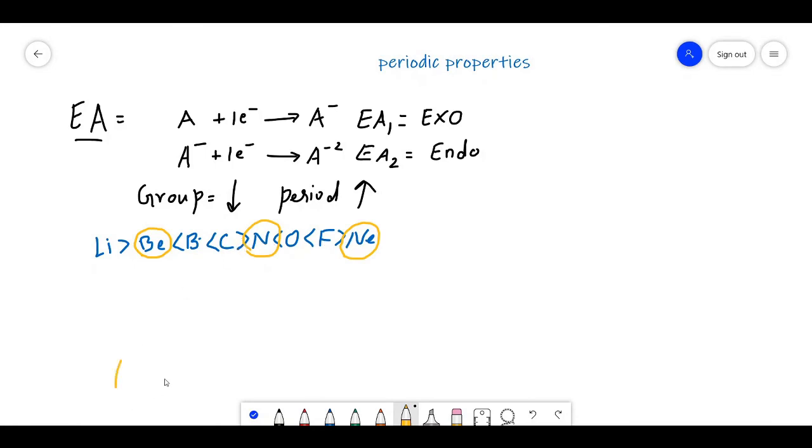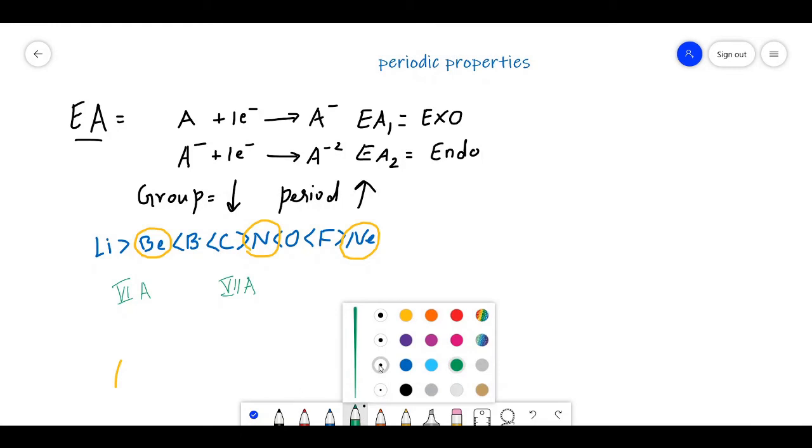Next, when coming to exceptions in a group, we have exceptions in the sixth group, that is sixth A, and the seventh group, that is seventh A. From top to bottom in a group, what should happen?